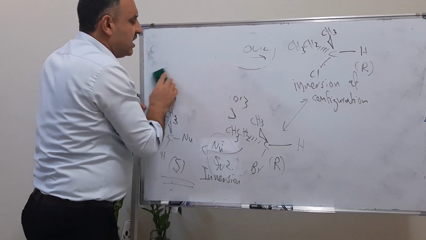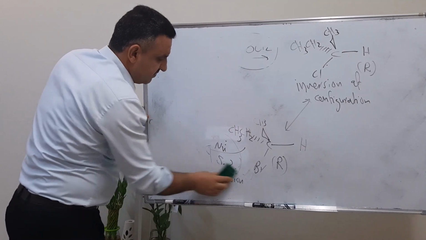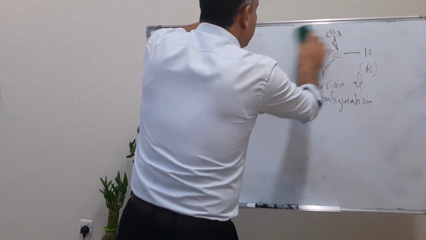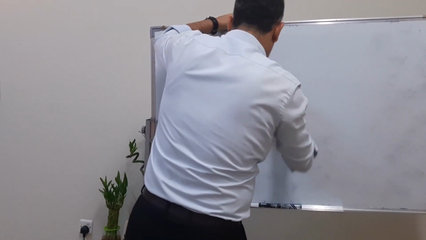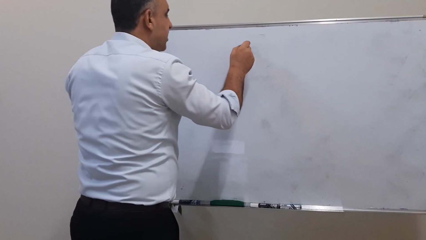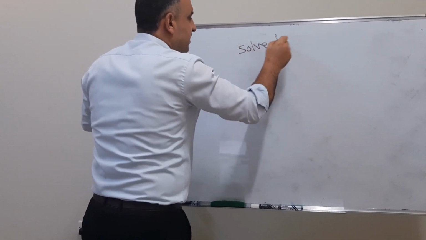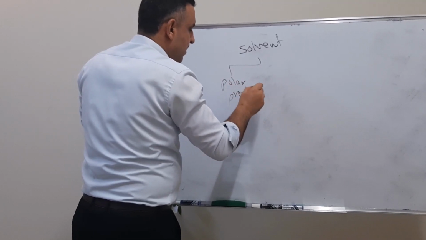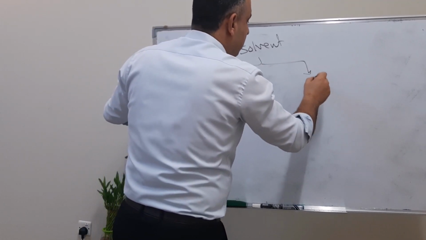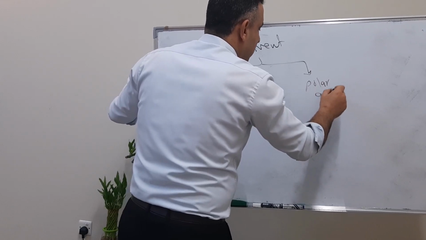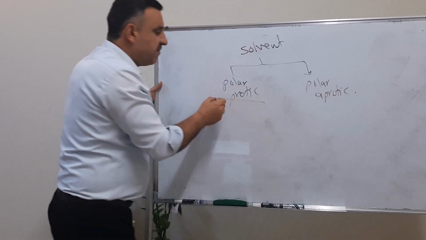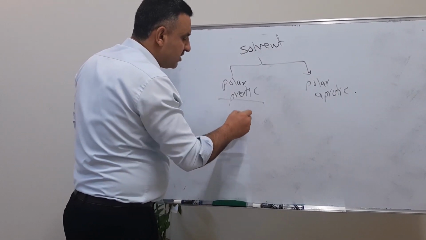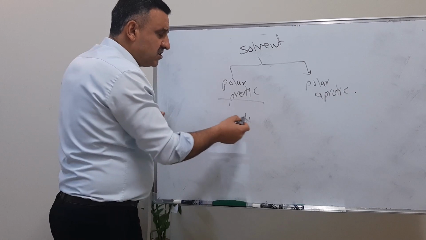Generally speaking, we divide the solvents into two types: polar protic and polar aprotic.